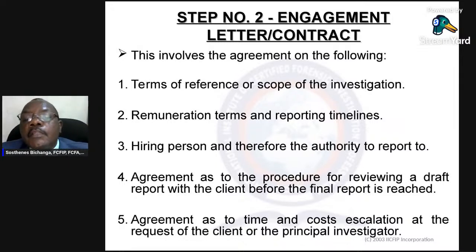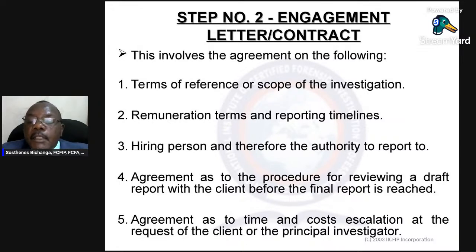Immediately the engagement letter is drafted by the principal investigator, it has to be discussed with the client so that there is an agreement and mutual understanding on what is included in the engagement letter before it is signed.